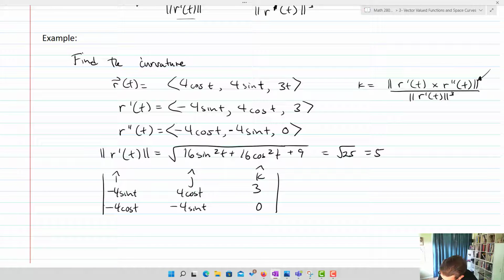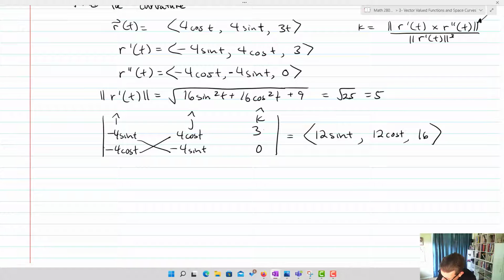We'll end up with 12 sine t, then 12 cosine t, and we will also end up with 16 sine squared t plus 16 cosine squared t, so just 16. And that is r prime of t cross r double prime of t.